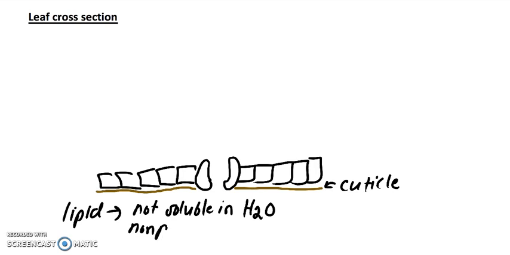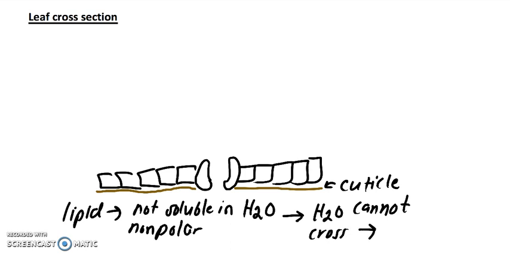Or you can say that these structures are nonpolar or hydrophobic. This tells me that if a water molecule approaches the cuticle, it won't be able to cross. So H2O cannot cross. The final definition of a cuticle is it prevents water loss.